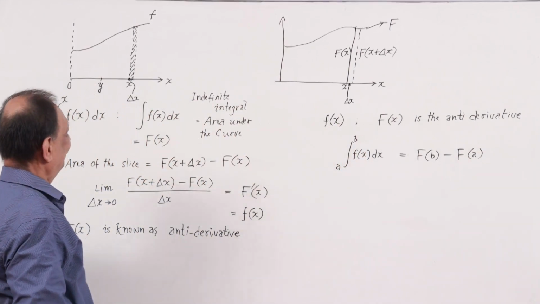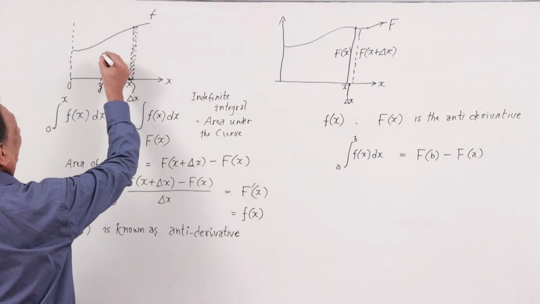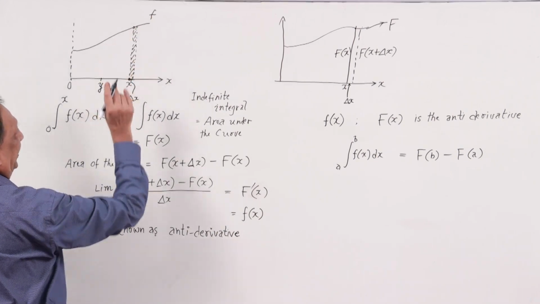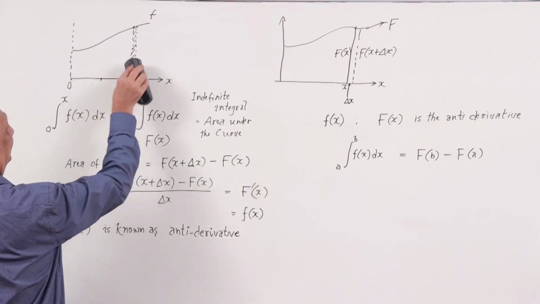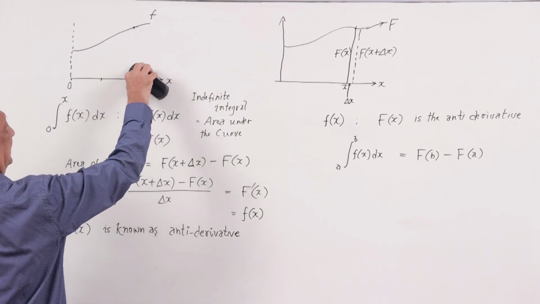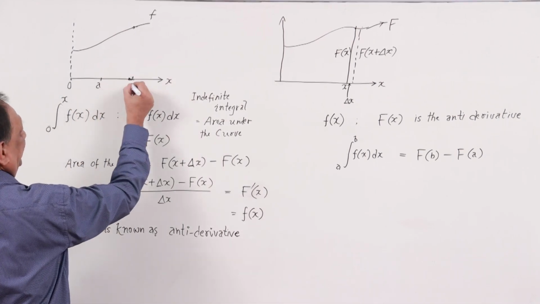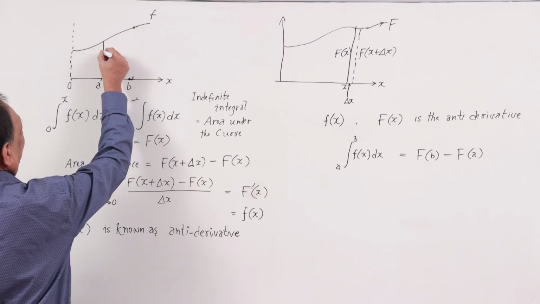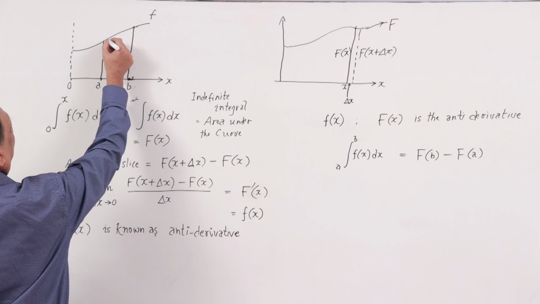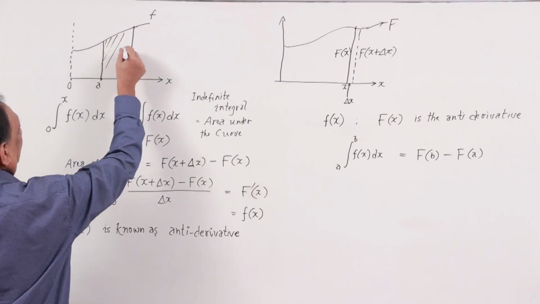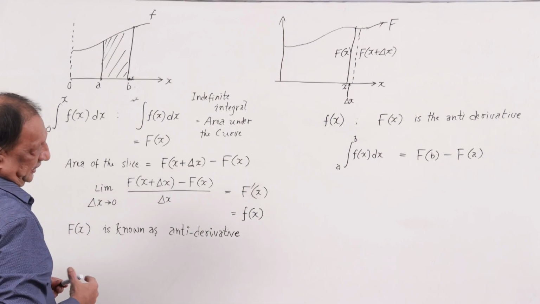If you look at the original function f and you take 2 points, let me take these as 2 different points as the domain, a and b, the integral from a to b is the area under the curve, right?